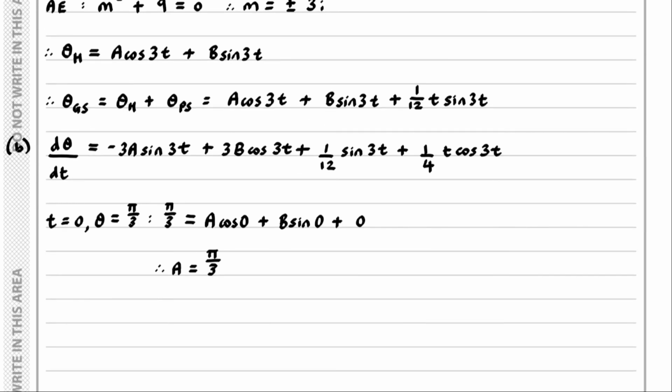And now, with our second condition, t equals 0, d theta over dt equals 0.